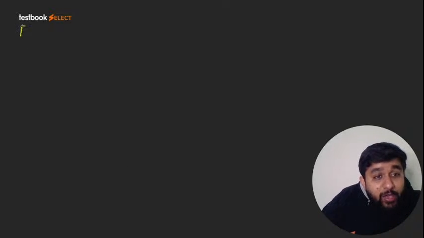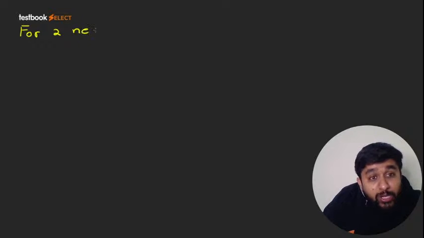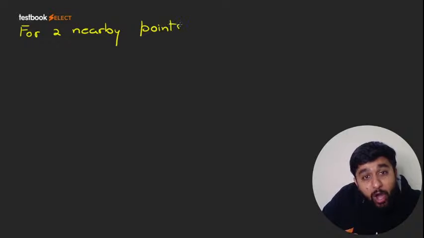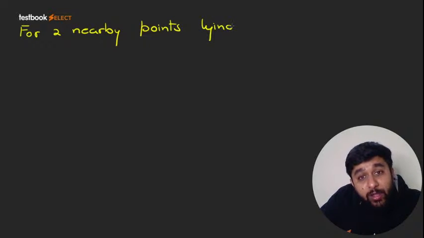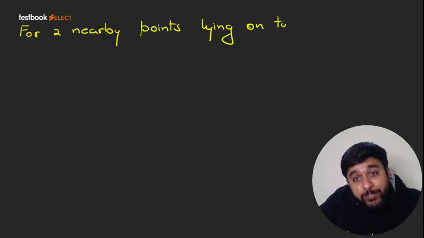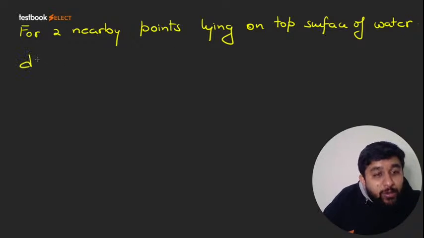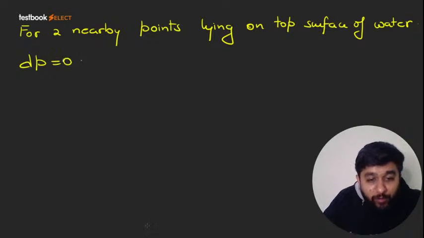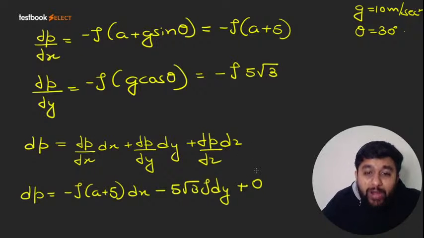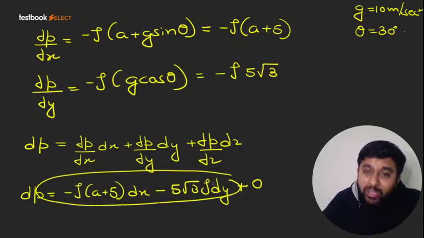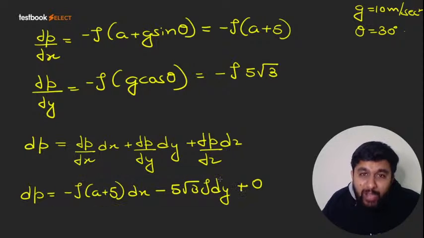So again, you will say for 2 points, for two nearby points lying on top surface of water, dp value is equal to 0, right? But for any two random points, कोई भी दो random points के लिए dp क्या होता है? dp तो इतना होता है. कोई भी दो random points के लिए dp इतना होता है ना?